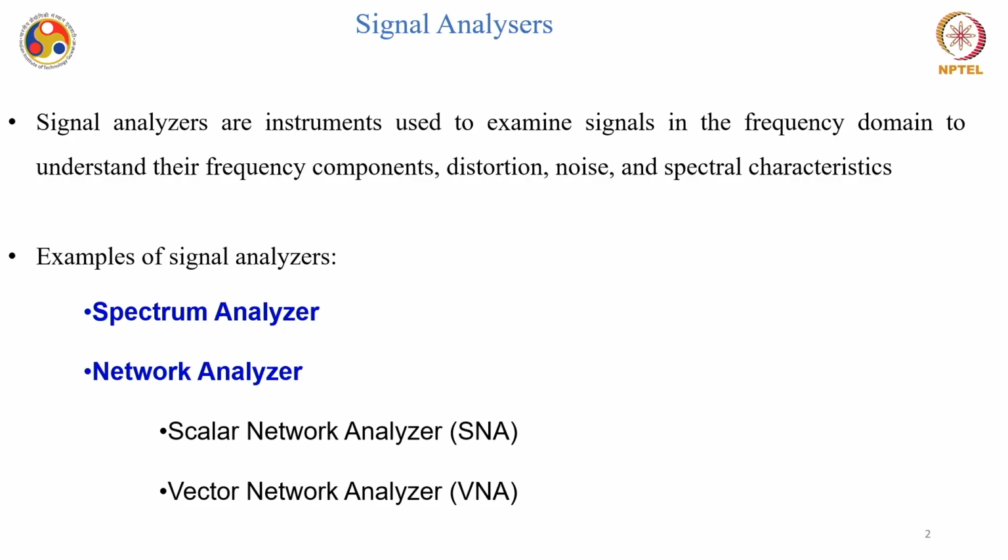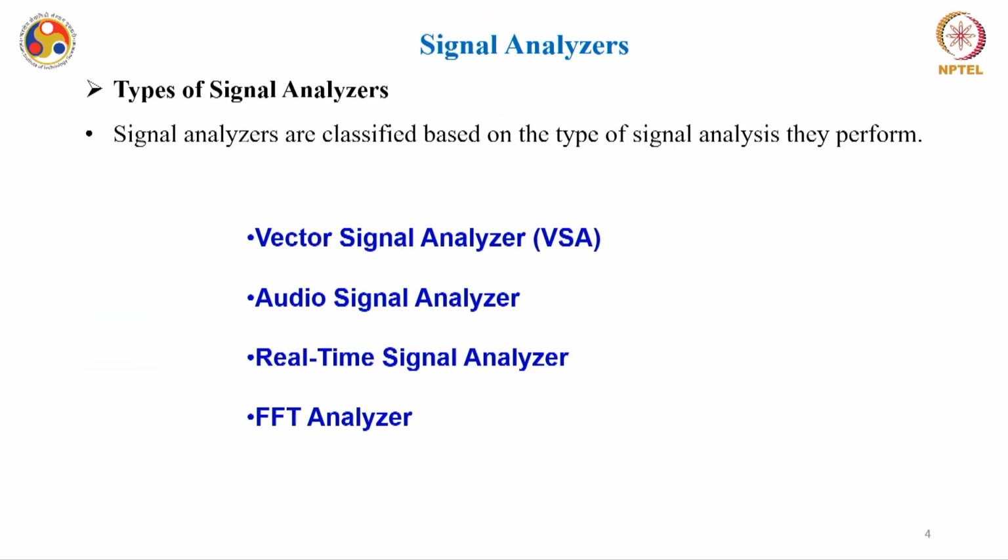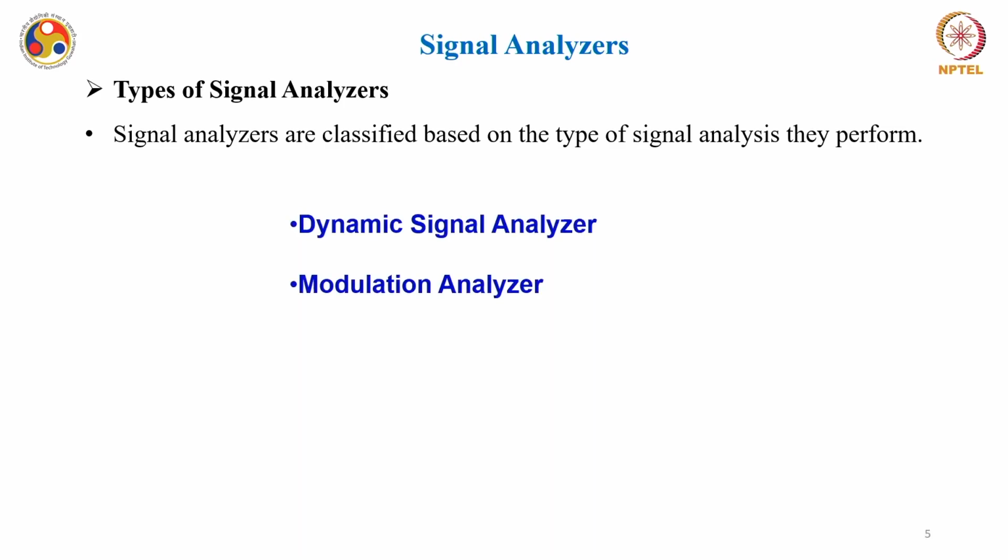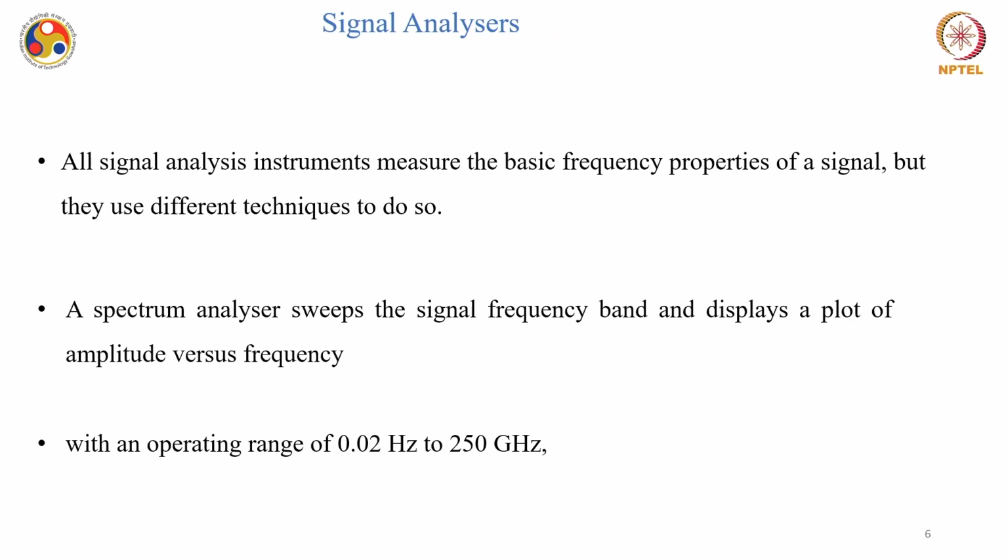We have seen various examples of signal analyzers including spectrum analyzer, network analyzer, wave analyzers, logic analyzers, vector signal analyzers (VSA), audio signal analyzers, real-time signal analyzers, FFT analyzers. FFT analyzers can be part of one of these systems, but separately also you can get FFT analyzers, dynamic signal analyzers, modulation analyzers and so on.